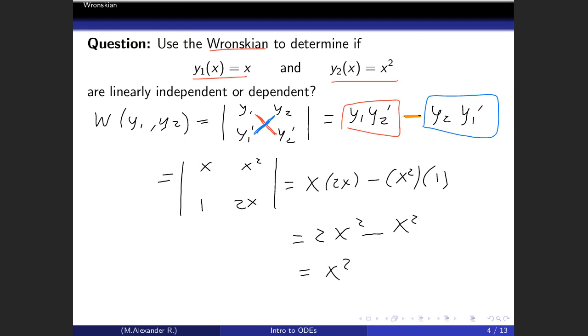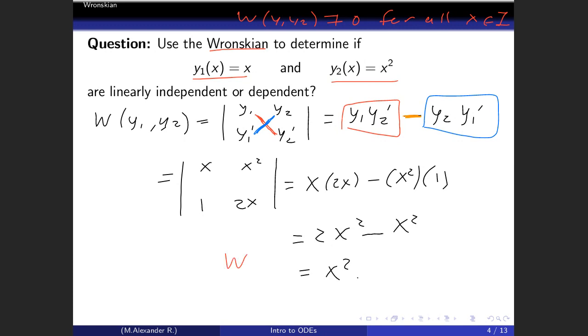x squared. Do you remember that the condition was that the Wronskian of y1, y2 is not equal to 0 for all x in the specific interval? This last notation just means for all x in the specific interval. Here I didn't give you a specific interval because I want to talk about it now.